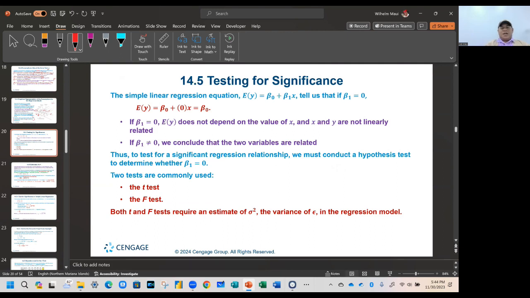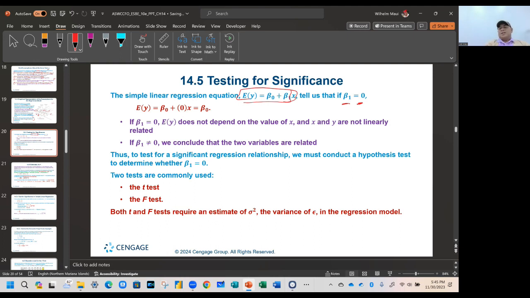Okay, so let's look at the test. For a simple linear equation, this one here, which we've looked at before, if b1, that coefficient of x, is equal to 0, then what would that mean? That would mean that there is actually no relationship between x and y, no?